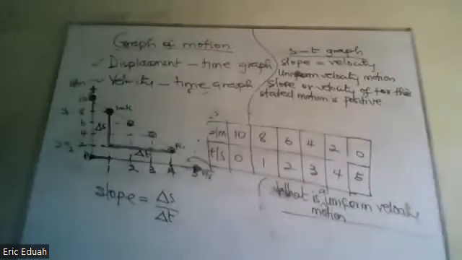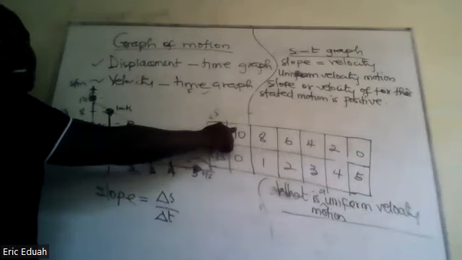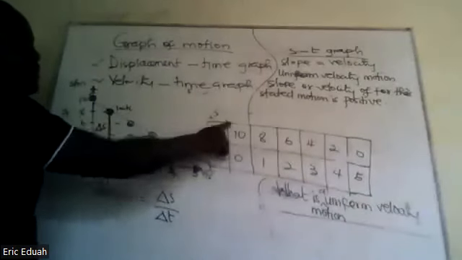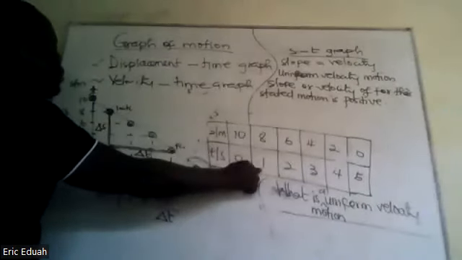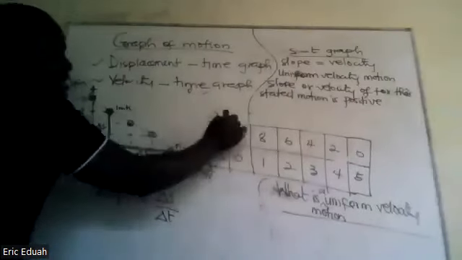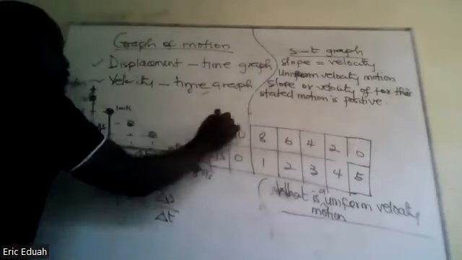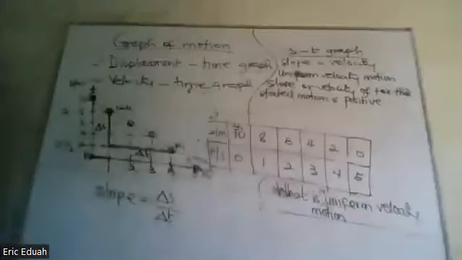But what is the motion? The motion is such that at time t equal to 0, the distance covered is 10 meters. Then at time t equal to 2, the distance covered is 8. So this is our initial distance, which will be y1.